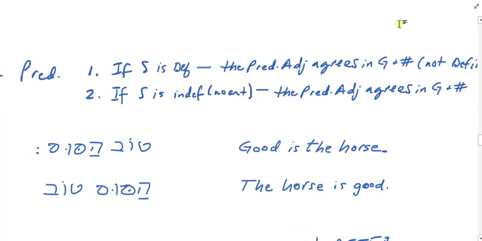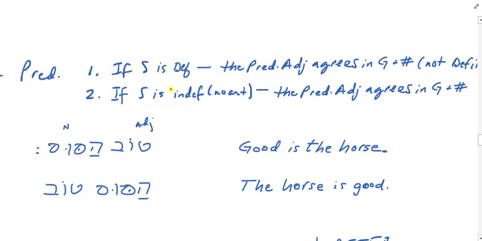Let's take a look at some examples, okay? If we have this first example here, we have tov hasus. Tov hasus. I have good, that's my adjective. And then I have hasus, noun. Remember, attributive adjectives have a constraint. They always have to go after the noun that they modify.